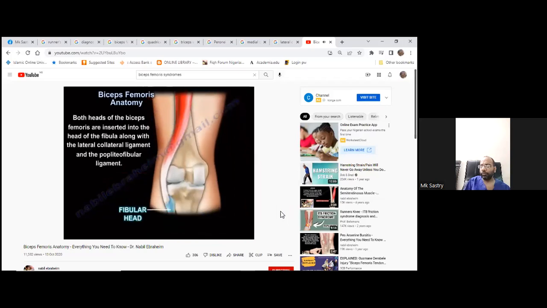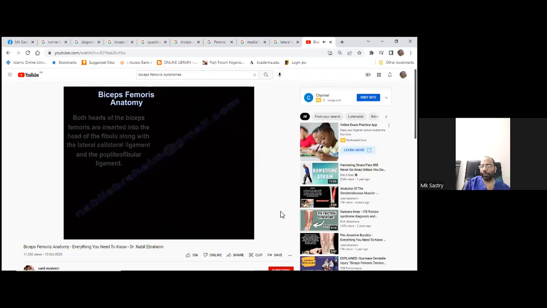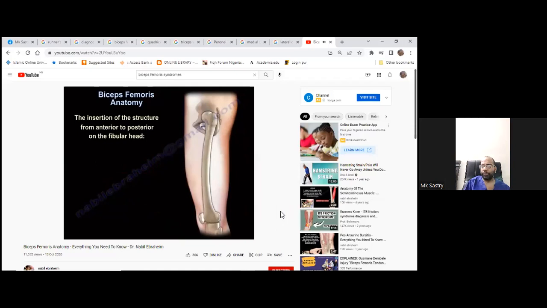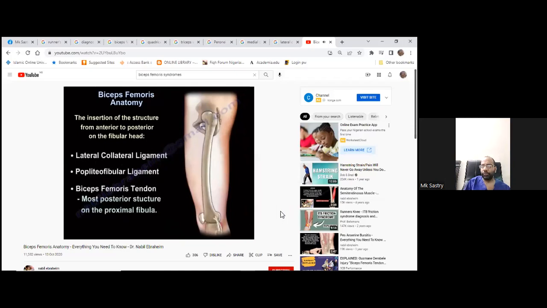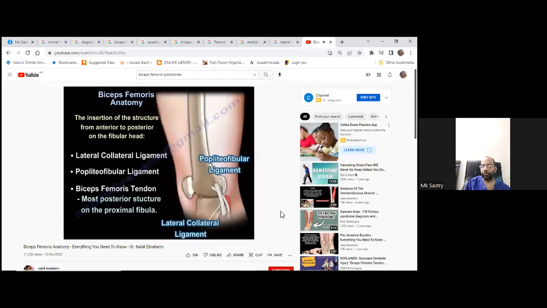Both heads of the biceps femoris are inserted into the head of the fibula, along with the lateral collateral ligament and the popliteofibular ligament. And you can see here the insertion of the structures from anterior to posterior on the fibular head.